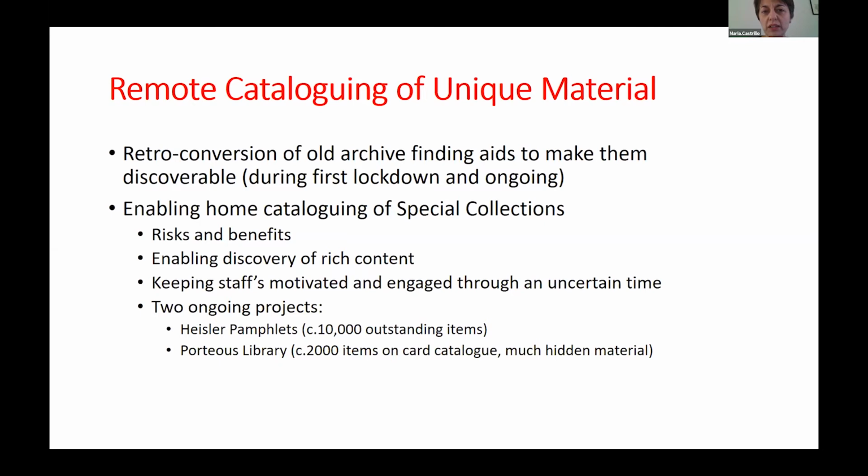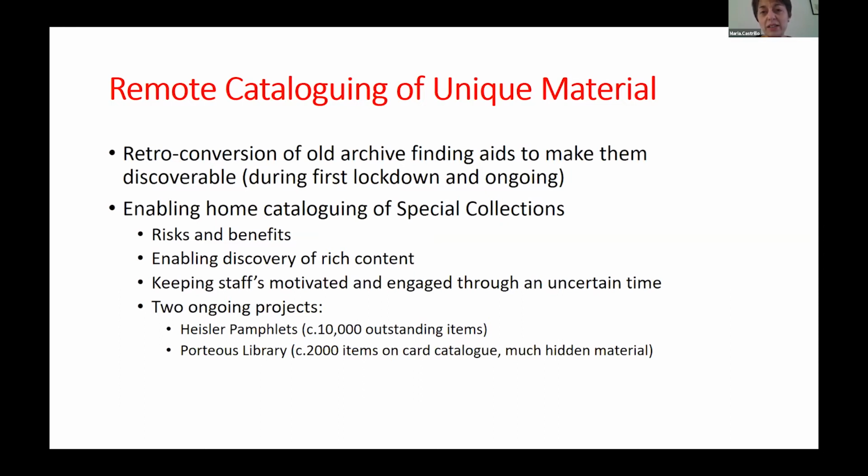So we chose very carefully one of our major special collections, the Ron Heisler collection of left-wing literature. There is a very large body of pamphlet material that is easily portable. So as I said, we basically measured the risks against the benefits. And in the end, we realized that this could be done, that we could at least try and see what happened.